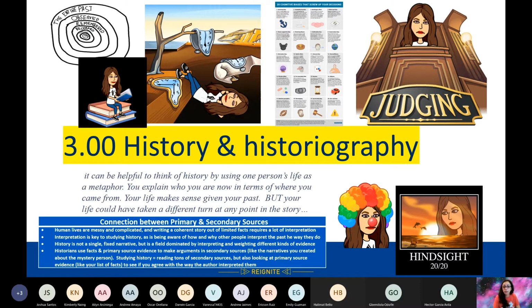And today we're just going to talk about a little bit of basic vocabulary that historians use, and how this idea that people tell stories differently, and you can probably get a version of the truth by reading lots of different versions of the same event, applies to studying and learning history.